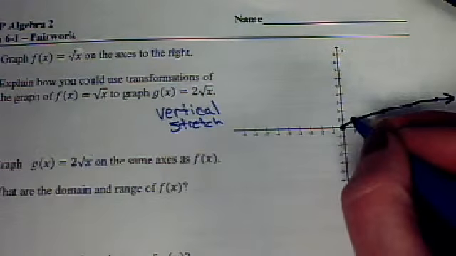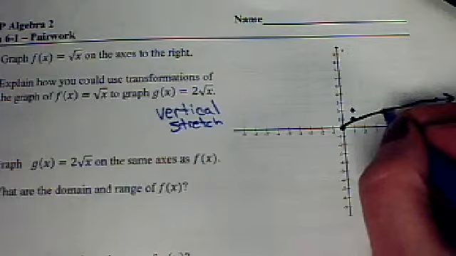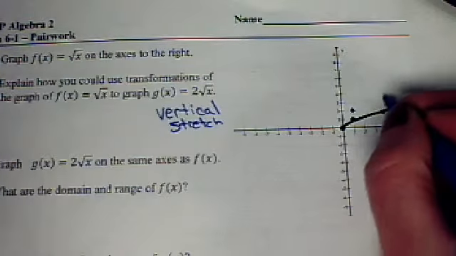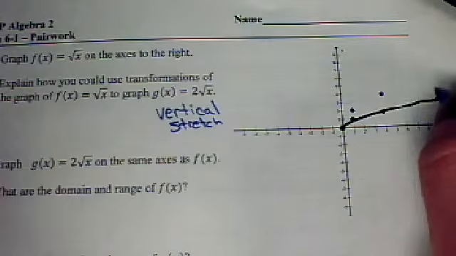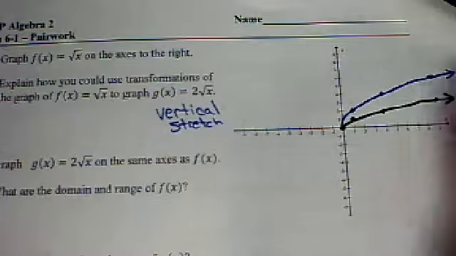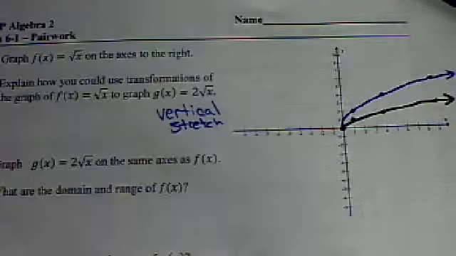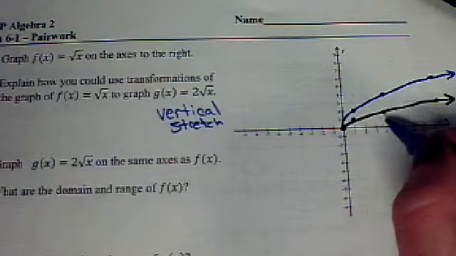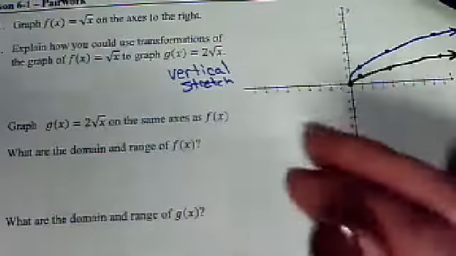The output here is 1. 1 times 2 is 2. The output here is 2. 2 times 2 is 4. The output here is 3. 3 times 2 gives me 6. So I took each of my y values and multiplied by 2. That stretched the graph. It made it taller. If it had been a fraction, it would have been shrunken down.